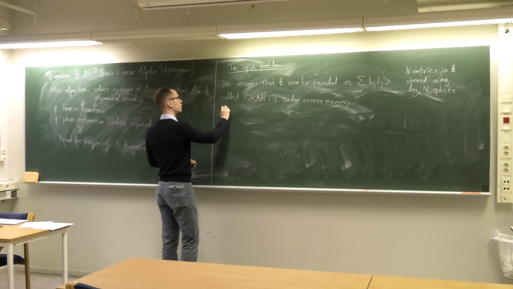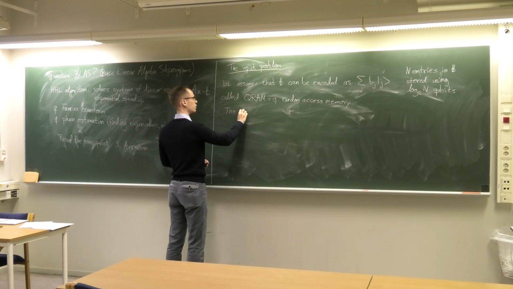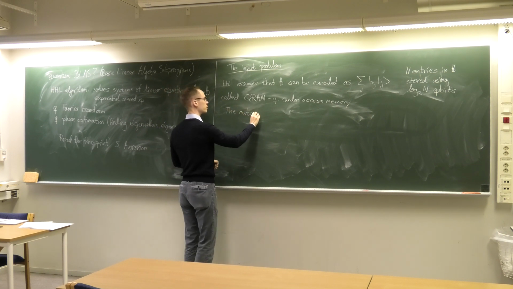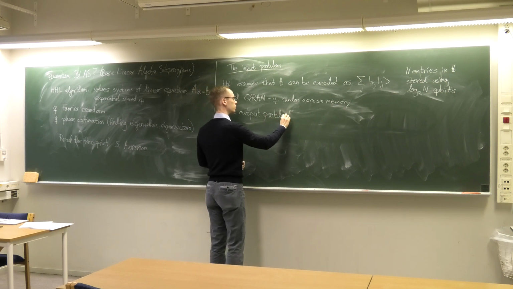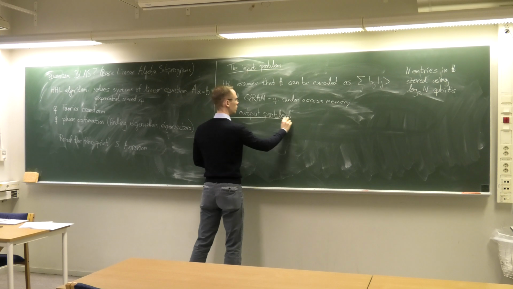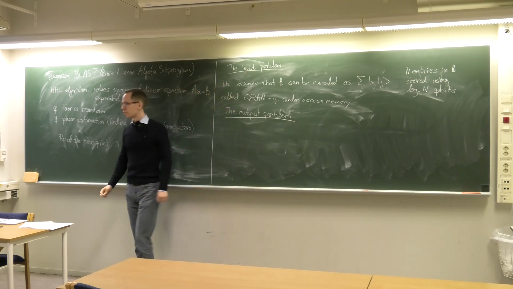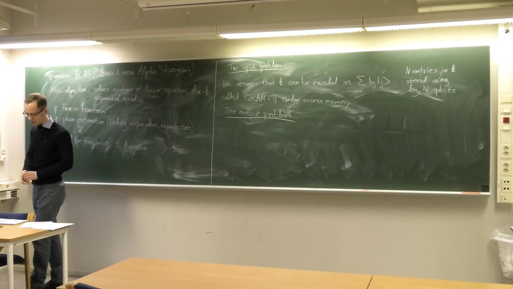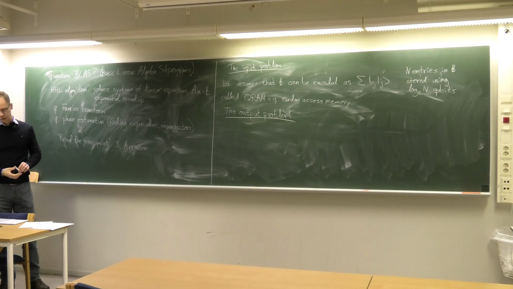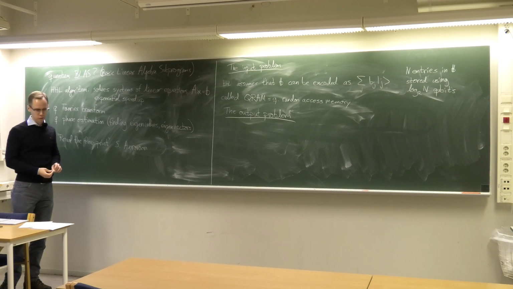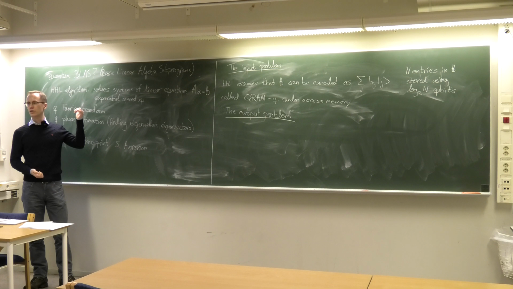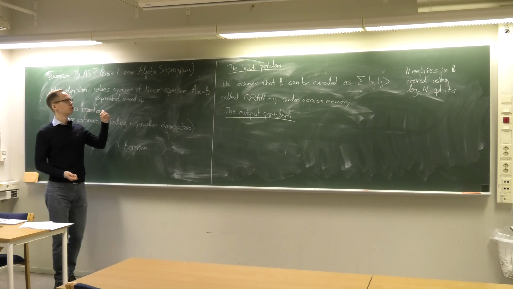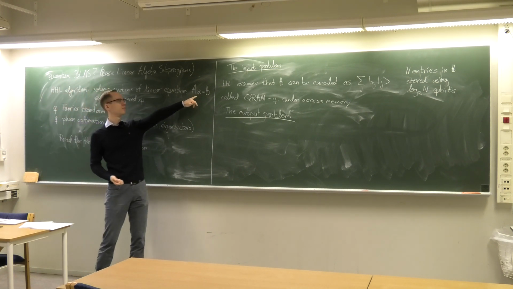Okay, then you have the output problem. And again, we can use this HHL algorithm as an example. So when you run this HHL algorithm, you want the solution to the system of linear equations, this vector x.